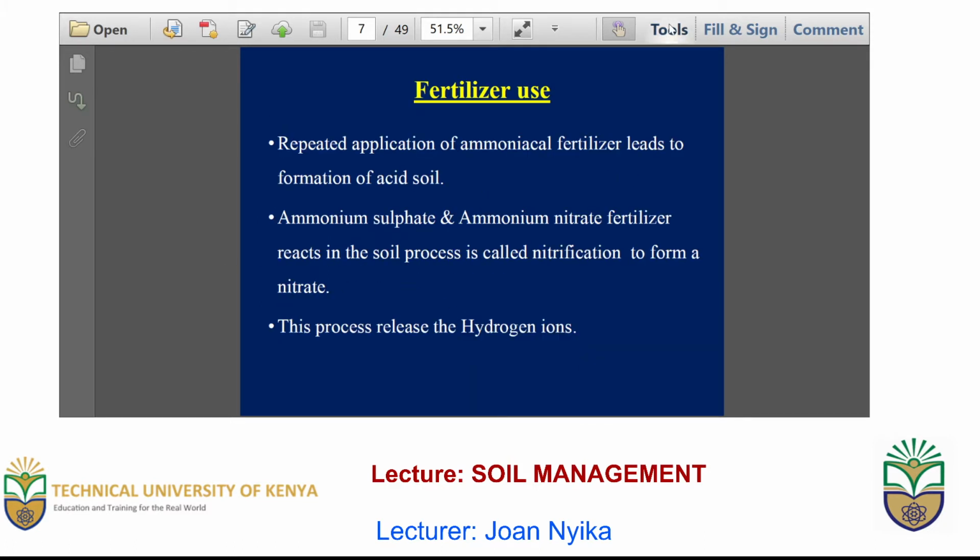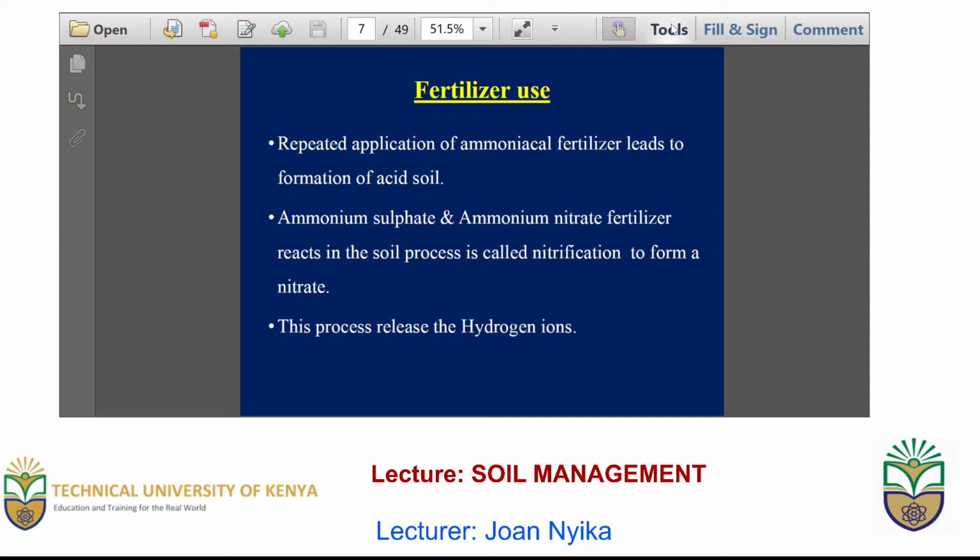The other reason as to why we get acid soils is as a result of fertilizer use. Fertilizer usually introduces what we call ammonium sulfate and ammonium nitrate. And we come back to home. What are the common fertilizers we use? The most common fertilizers used in farming are CAN, calcium ammonium nitrate, and DAP, diammonium phosphate.